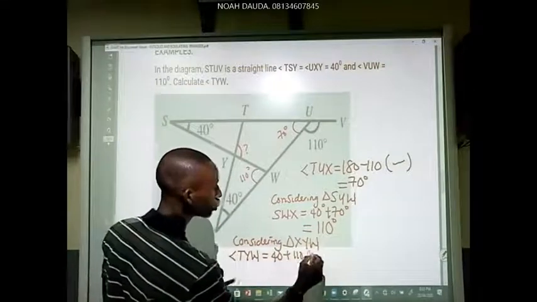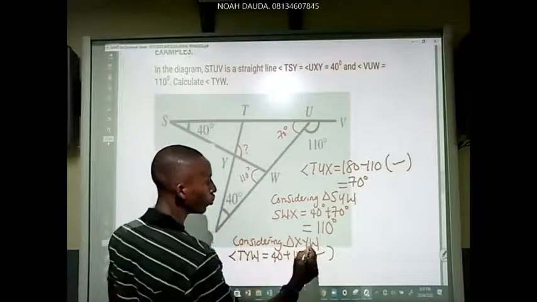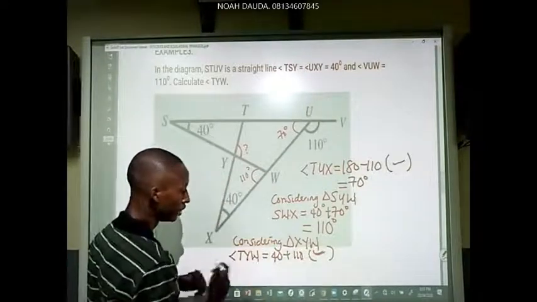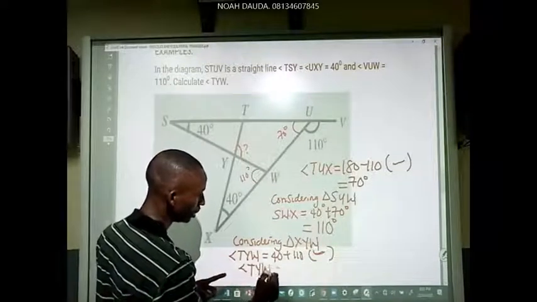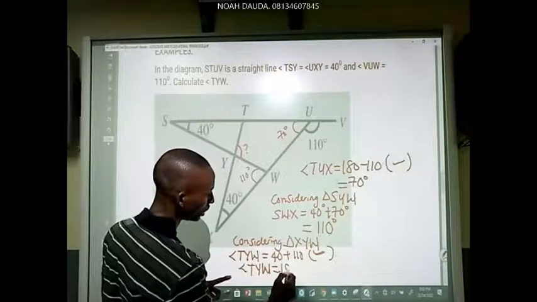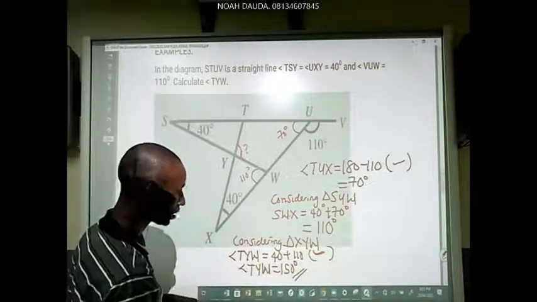The reason being that the sum of the two opposite interior angles of a triangle equals the exterior angle. That must be stated. So in a nutshell, your angle TYW equals 150 degrees. And that gives us the final answer to that question.